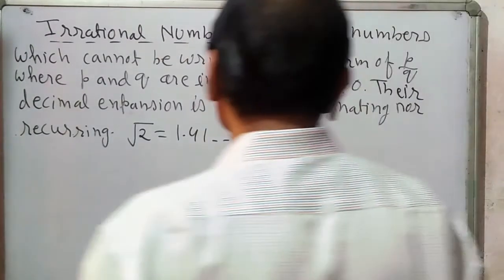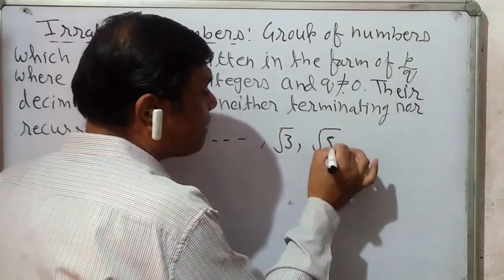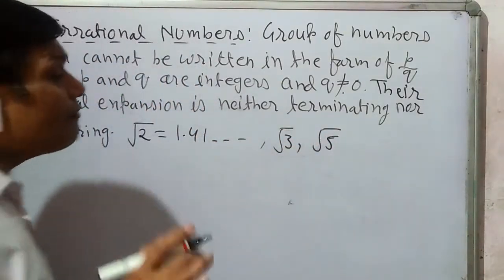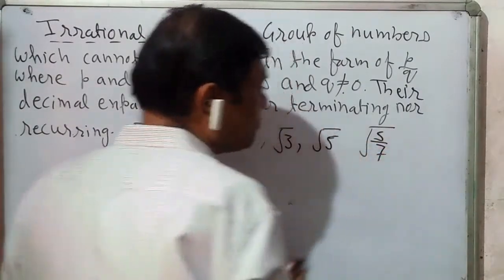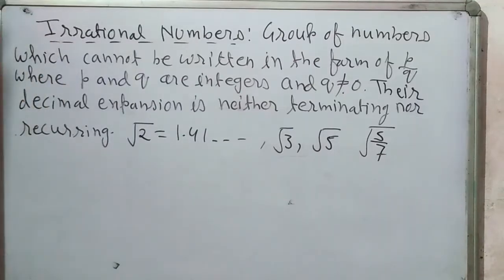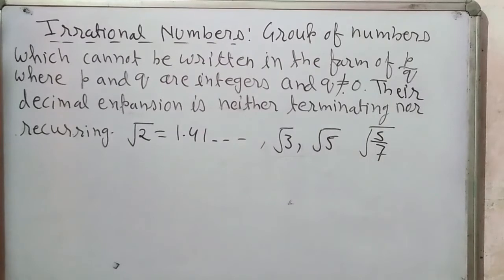Same way, we have square root 3, we have square root 5, we have square root of maybe 5 upon 7. Okay? So these are the numbers which are not recurring after decimal digits.